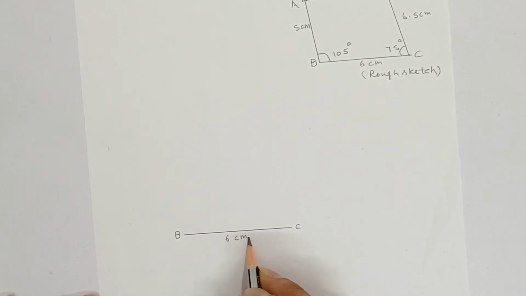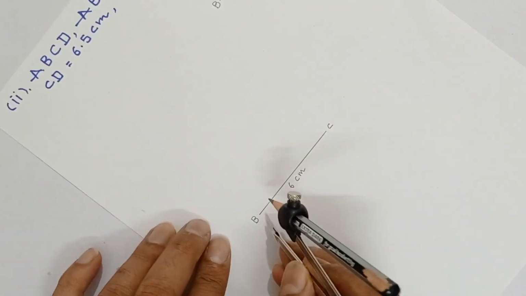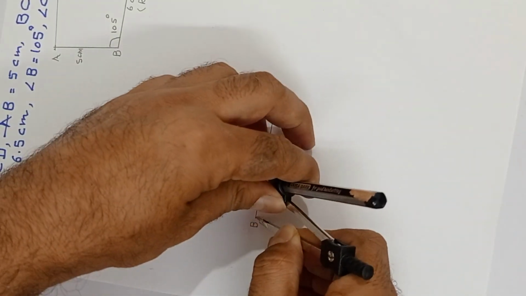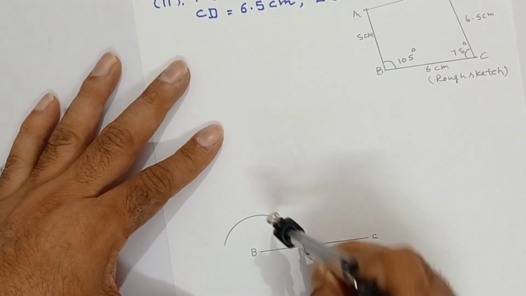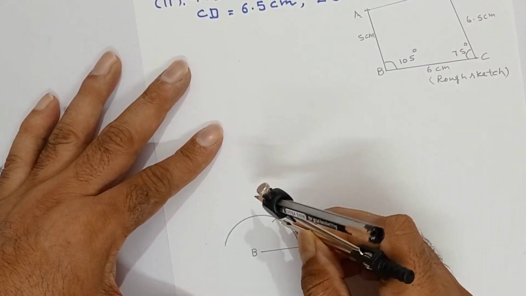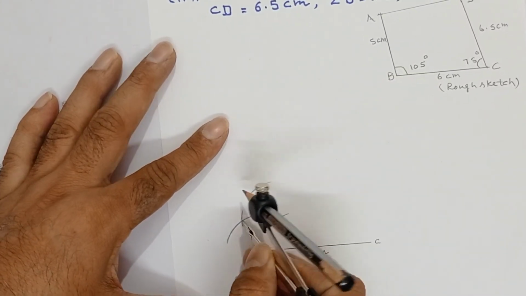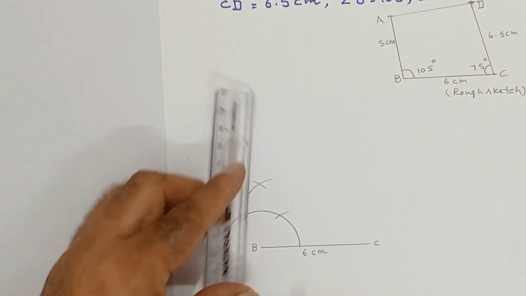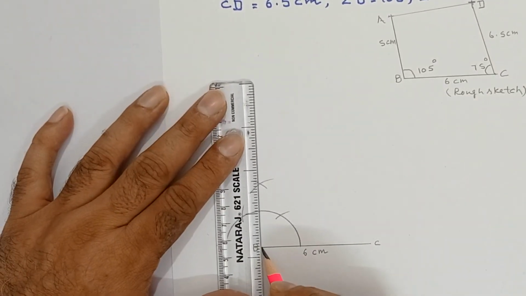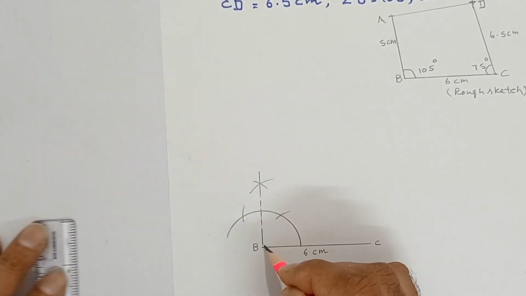Angle B is of 105 degree. For that you need to make here 90 degree. So take an arc, 60 and 120 from here, this and then this. So dotted 90. This I have made dotted, right?